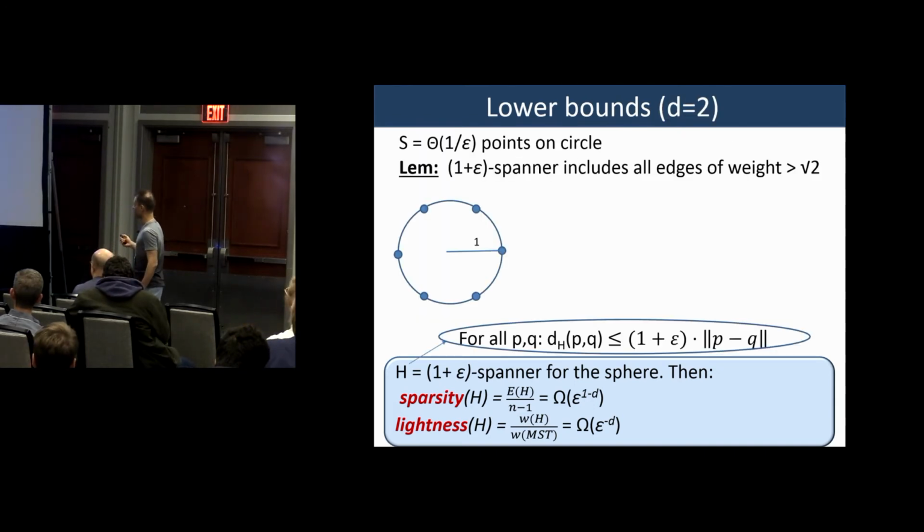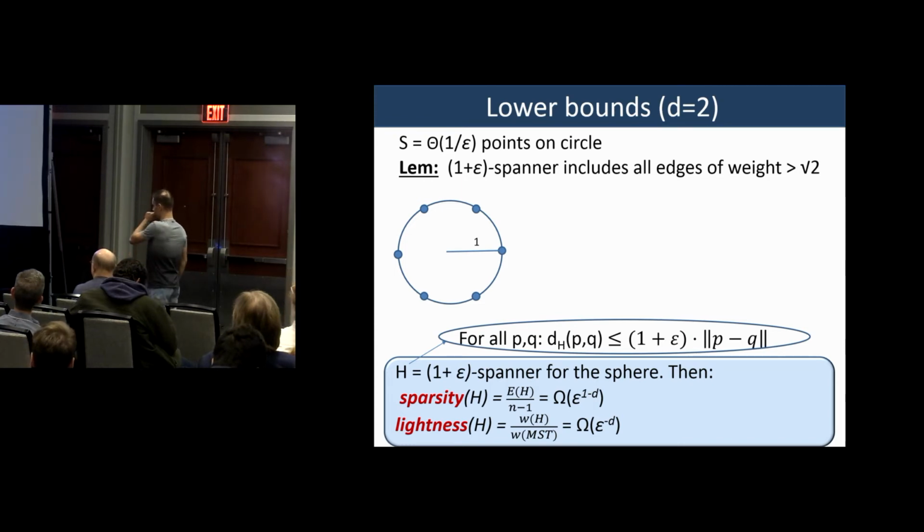So here we are actually considering a unit circle, and we are placing roughly 1 over epsilon points on the boundary of the circle. And then, in this way, the minimum distance between points along the circle is roughly epsilon. Let's say c times epsilon for a big enough constant c.